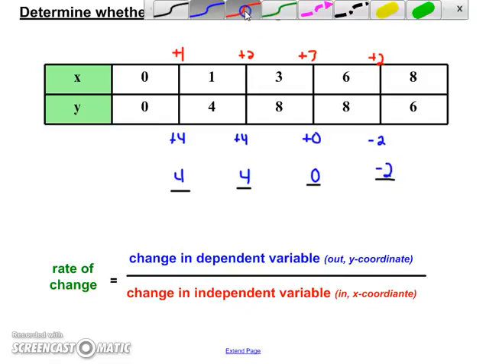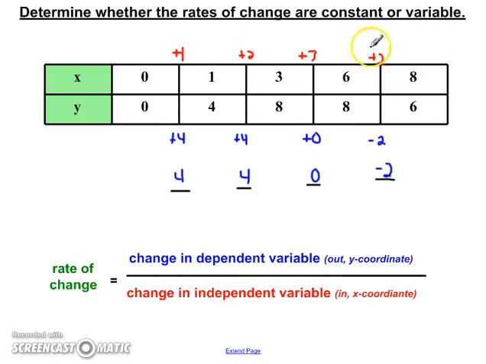That's over my change in x, so I'm going to bring these numbers down now: 1, 2, 3, and 2. Now 4 over 1 is 4. 4 divided by 2 is 2. 0 divided by 3 is 0. And negative 2 divided by 2 is negative 1.